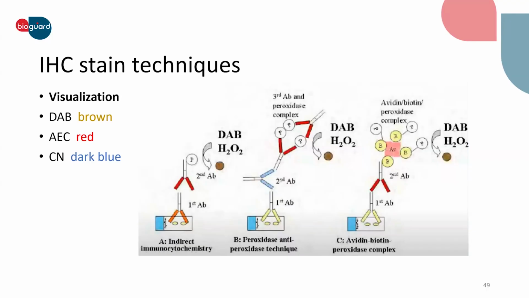We use a biotin-labeled secondary antibody plus avidin HRP complex. Each avidin binds multiple biotins, so we get high signal amplification. Each method has pros and cons depending on sensitivity needs, background risk, and tissue type.